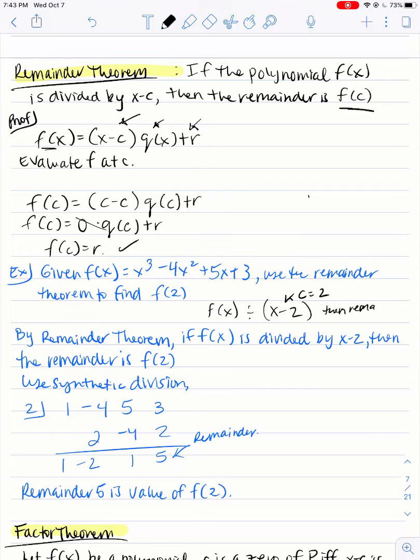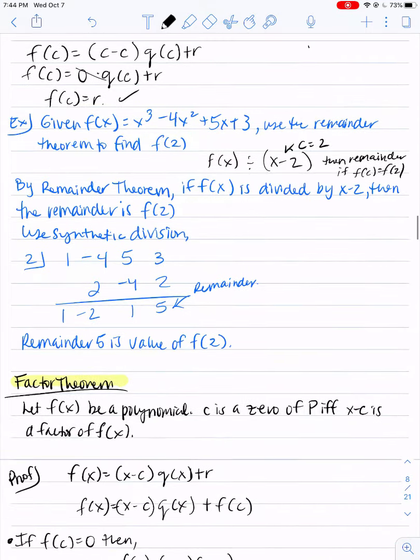That's why we're dividing by x minus 2, because our remainder is going to be f of 2.